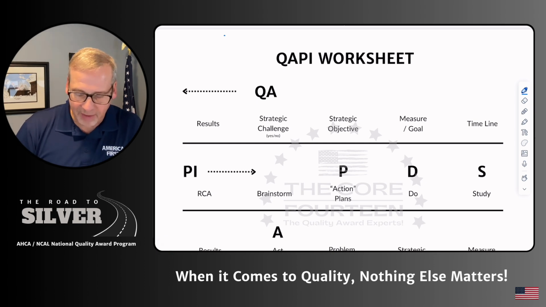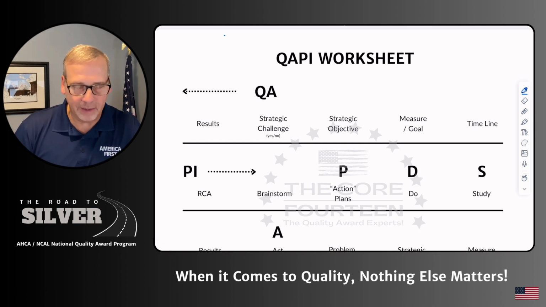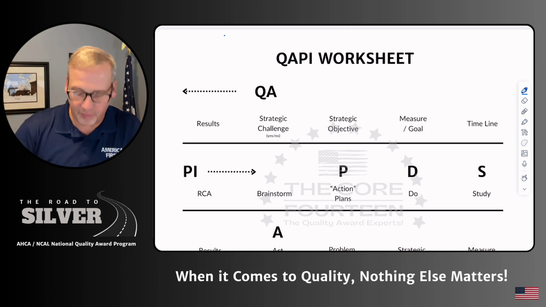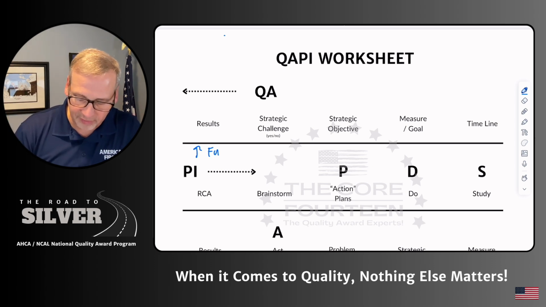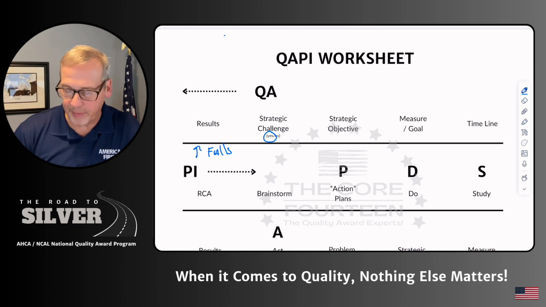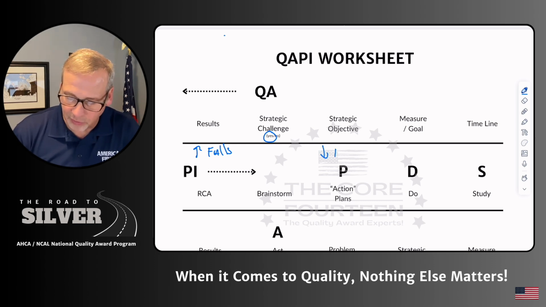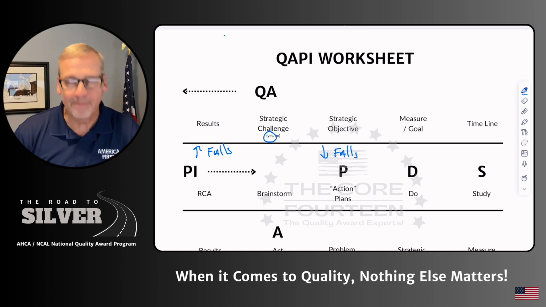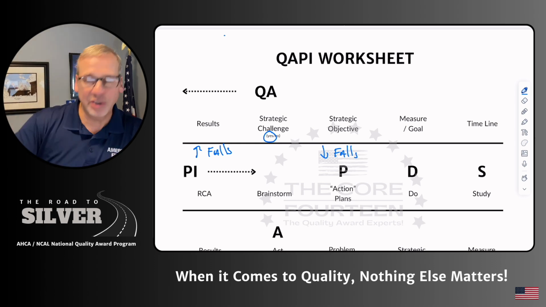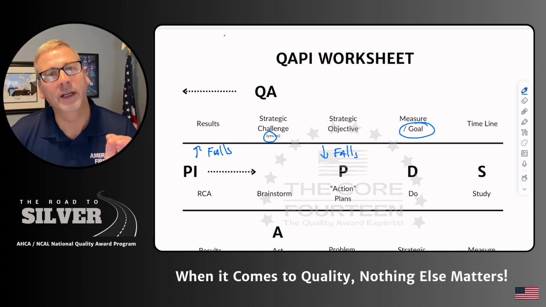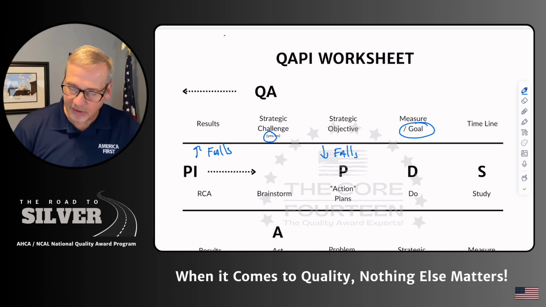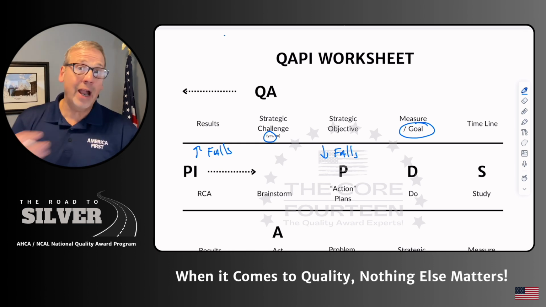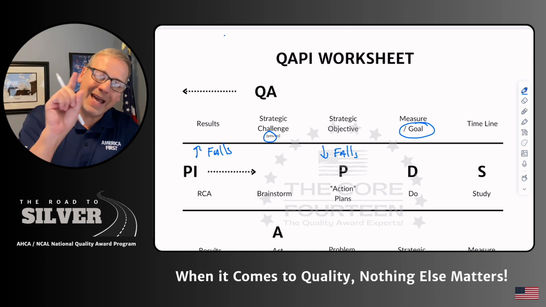Once we have a result, the example I was giving is too many falls, a high number of falls, which is, yes, a strategic challenge. If we don't fix it, it's going to be bad. So our objective would be to lower falls, right? It's always the opposite. And then our next question, logically, would be, what is the goal here? Now, we said our strategic objective is to reduce falls, and a lot of people go, well, that's the goal, to reduce falls. Nah.